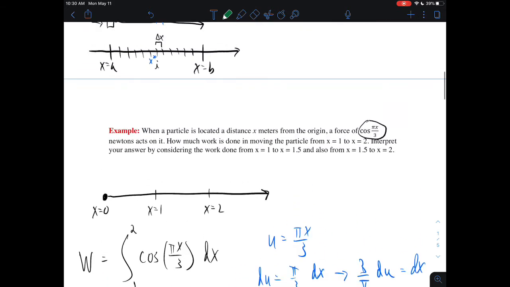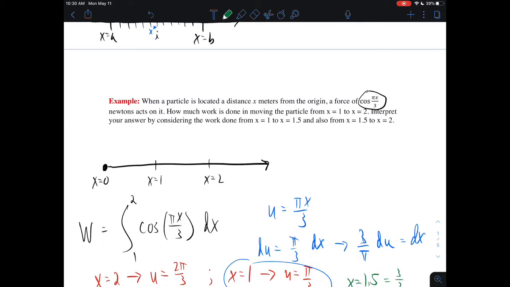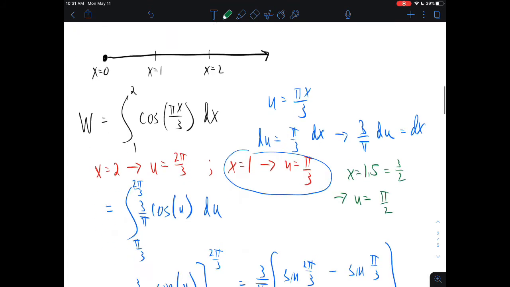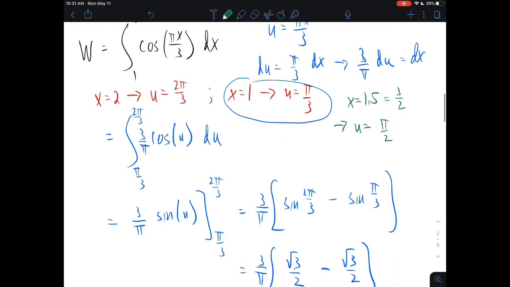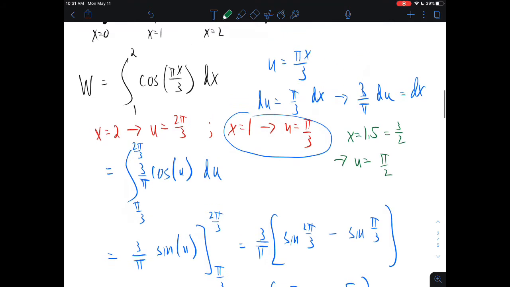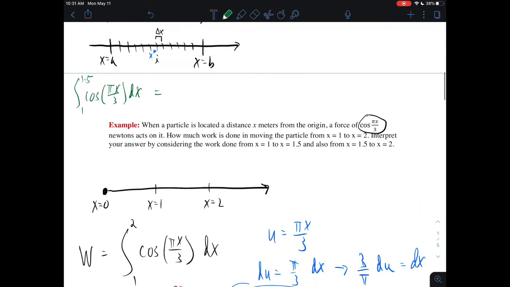So if I integrate from x equal 1 to 1.5 of cosine of pi x over 3 dx, I don't need to do my antiderivative step. I know what's essentially going to happen. I'm going to get 3 over pi times sine of u evaluated at the bottom limit will be pi over 3 and the top limit will be pi over 2.